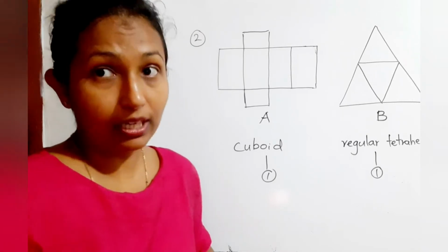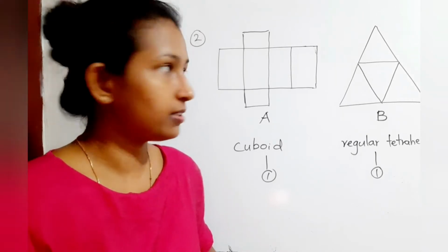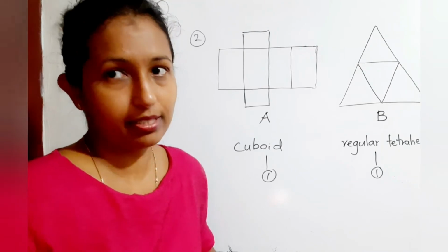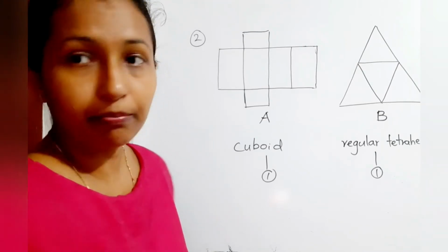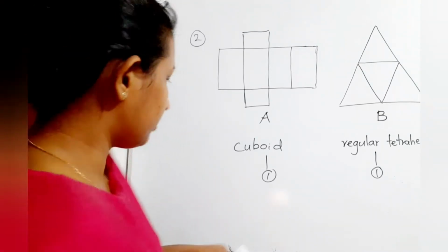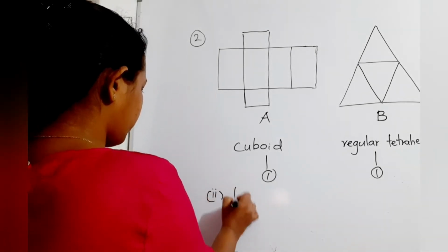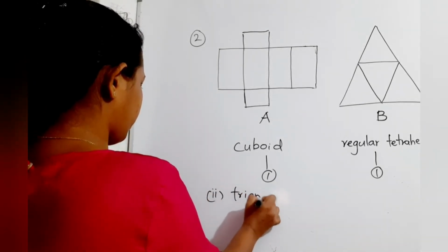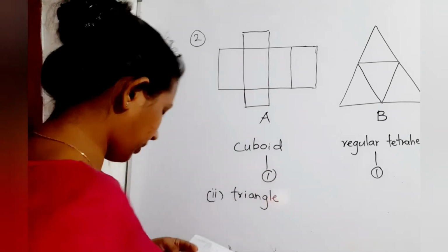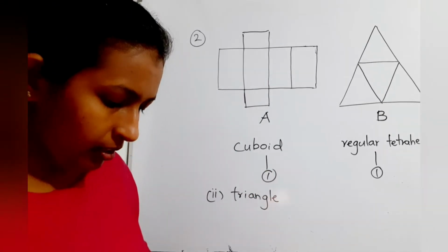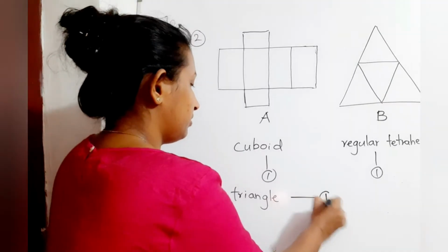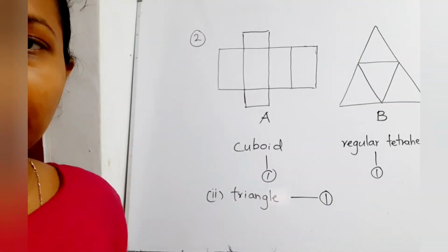Actually, it is an equilateral triangle, but no need to write equilateral triangle because it is not in your syllabus up to now. So you can write triangle. Second part. Triangle. 1 mark will be given for that.